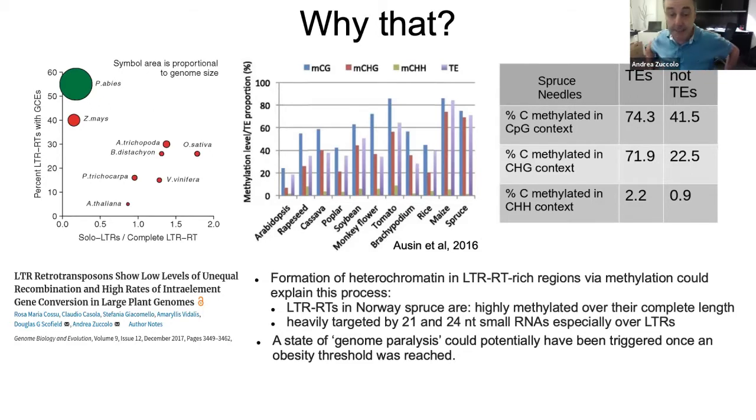Not just that, but for Norway spruce, we were able to prove that, out of many plant genomes, it is one of the most heavily methylated in all contexts, and especially in the regions, as expected, that are related to Ts. And so, altogether, the low recombination frequency would more likely result from hypermethylation.